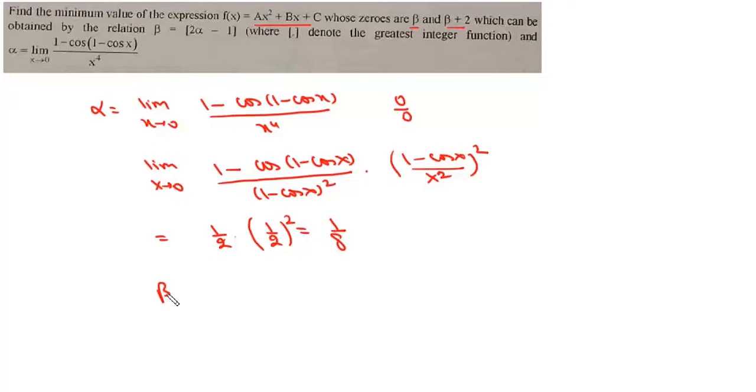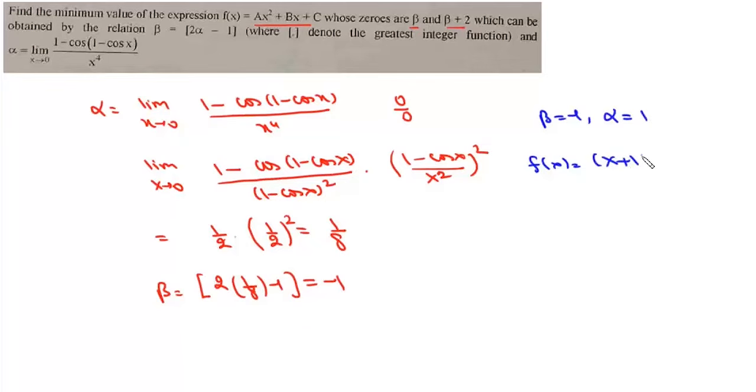Now we are given that beta is greatest integer function of 2 alpha minus 1. So value of beta is nothing but minus 1. Now the two roots of this equation are beta and beta plus 2, which is 1. So this equation f(x) will be x plus 1 into x minus 1, which is x square minus 1.